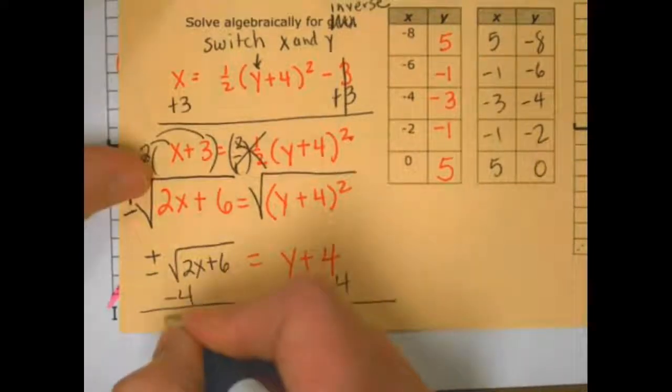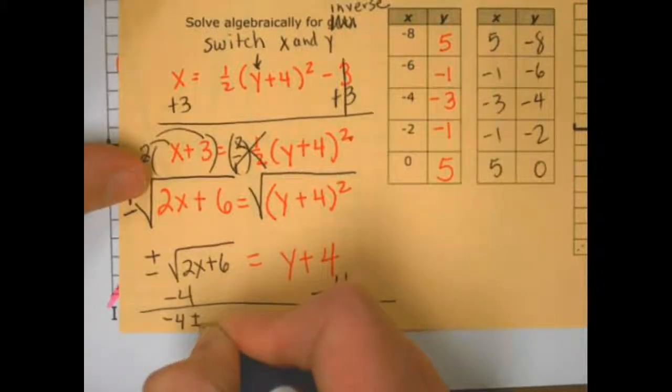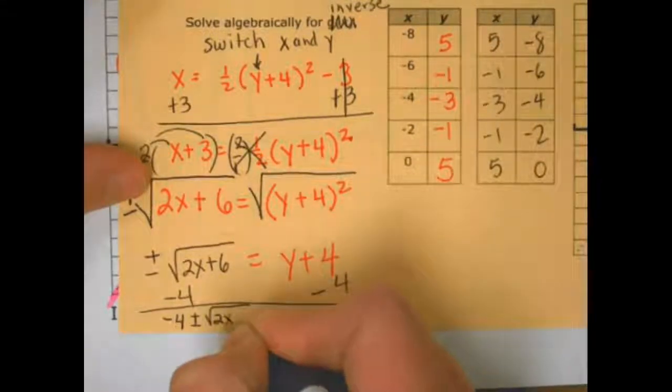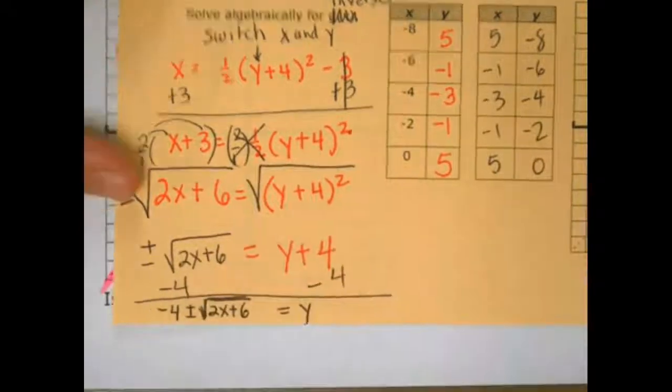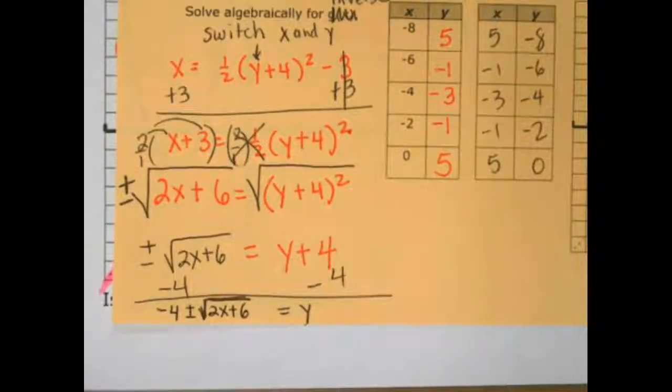So this is minus 4 plus or minus the square root of 2x plus 6. We put the minus 4 out in front so it's very clear that the minus 4 is not part of the square root sign. So that is the inverse.